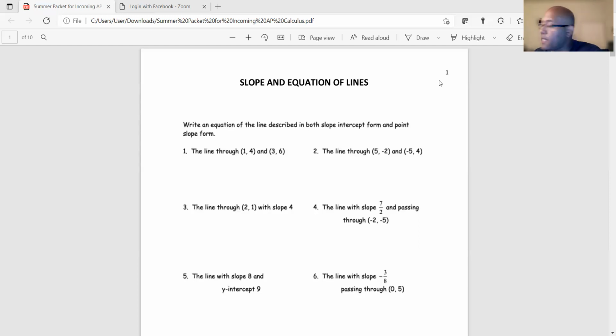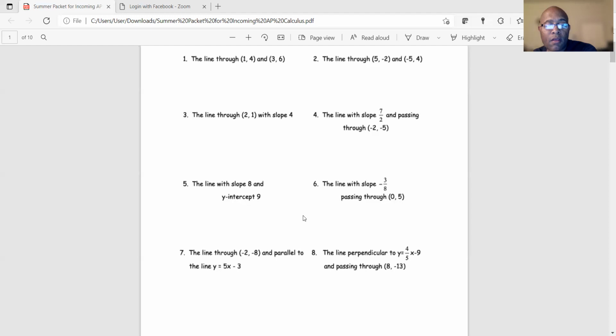Let's take another problem to look at. Let's say we decide to work problem number 8. So if we're going to work number 8, we already know that y is equal to 4/5 x minus 9.